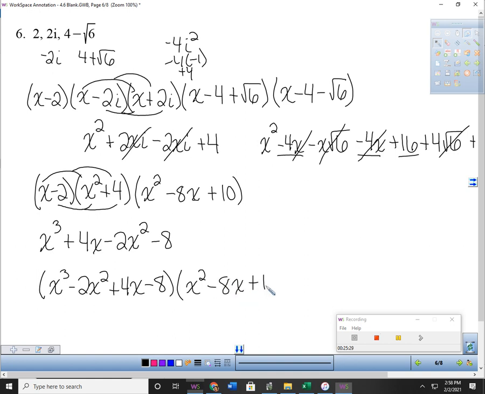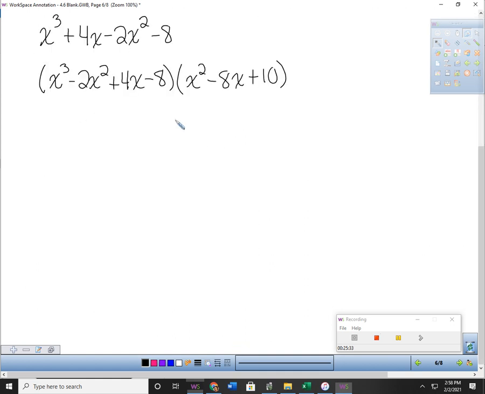So we're finally on our last little stretch. All right, so I'm going to take all of these in the first one times all of these in the second one. So x to the third times x squared is x to the fifth. X to the third times negative 8x is negative 8x to the fourth. X to the third times 10 is 10x to the third.